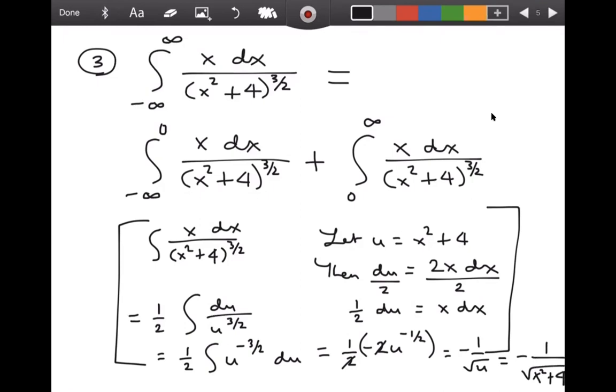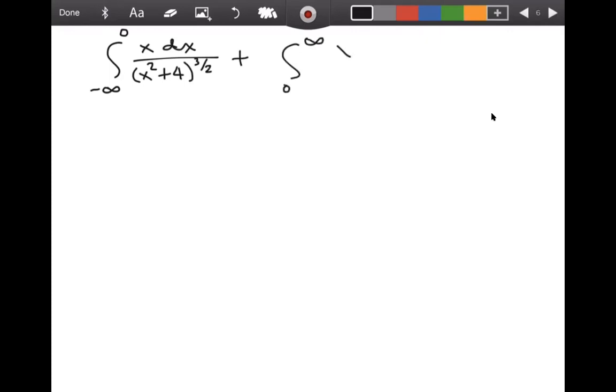All right. So now we can pick it up here, and I'm going to rewrite that line on the next slide. So we have integral negative infinity to 0 of x over (x squared plus 4) to the 3/2 plus integral 0 to infinity.